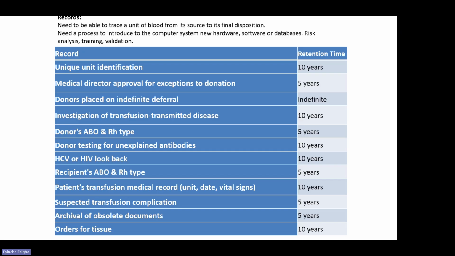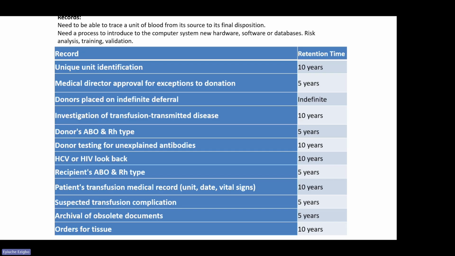There is a need to be able to trace a unit of blood from its source to its final disposition. The process should be introduced to the computer system: software, database, risk analysis, training, validation. There is a need to electronically capture these records and information about any recipient, any donor, any blood bank, and the cross-matching that was done.